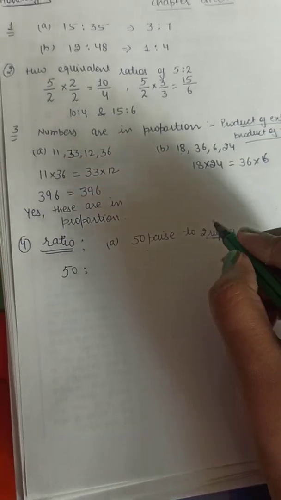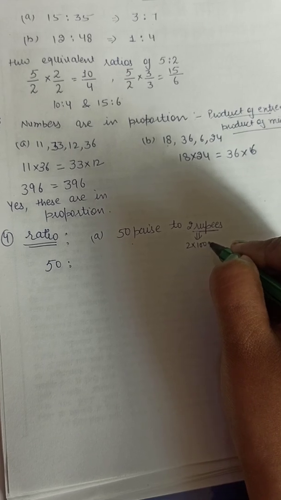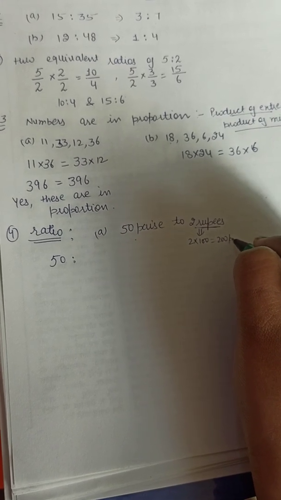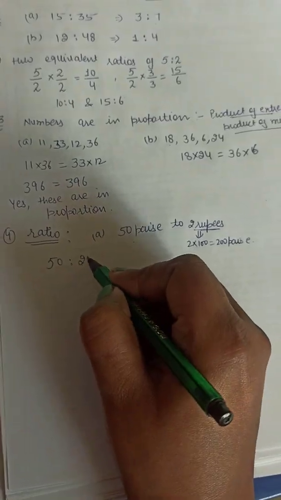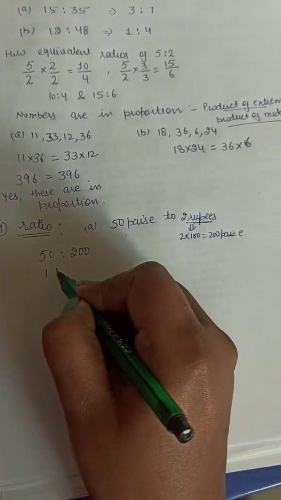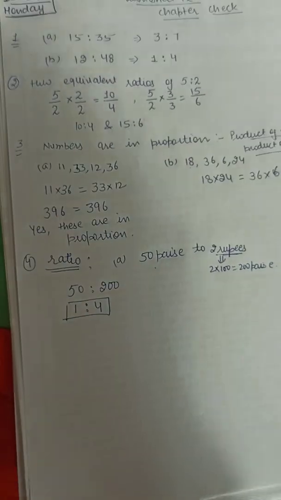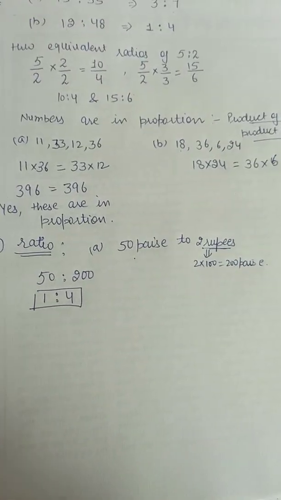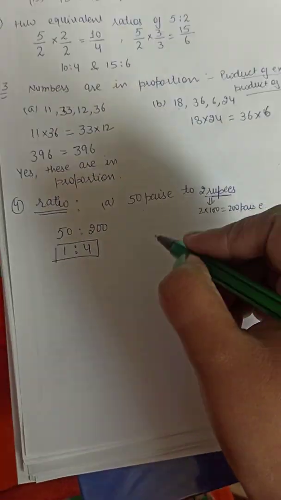So we will convert these rupees into paise, that is multiply with 100, and it equals 200 paise. Right? So here you will write 200. This will cut and the ratio is 1:4. 50 fours are 200. So what comes here? 1:4.